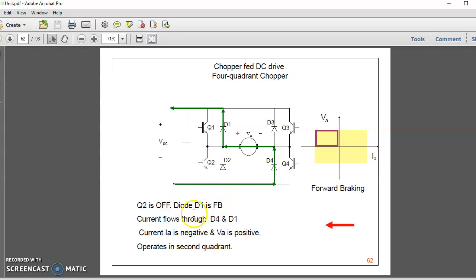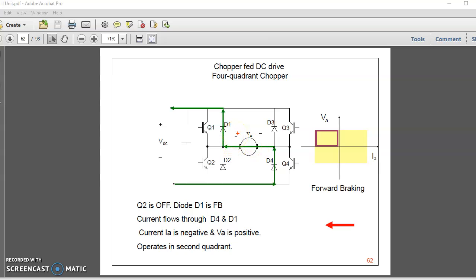The current flows through D4 and D1, from the negative terminal of the battery, D4, the motor, D1 and the positive terminal of the battery.